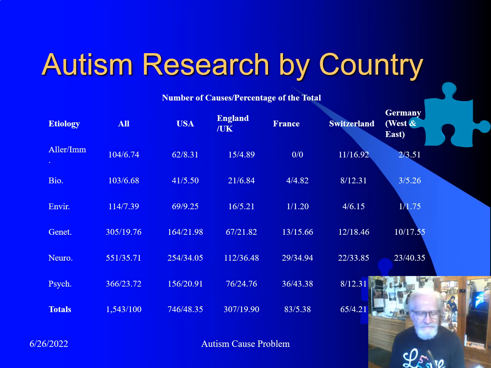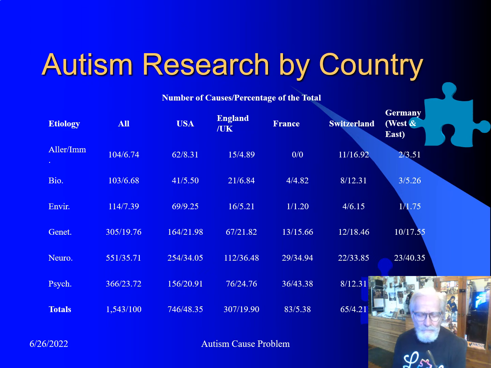The total percentage for each causation within each country is based on the overall numbers of causes for that country. However, the percentages in the bottom row on this slide are from the number of causes for each of these 5 countries divided by 1,543, the number of etiologies for all countries.